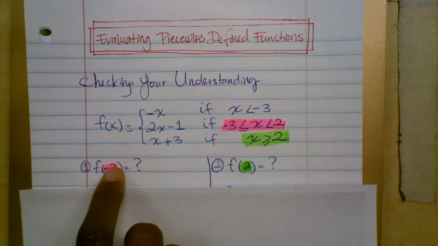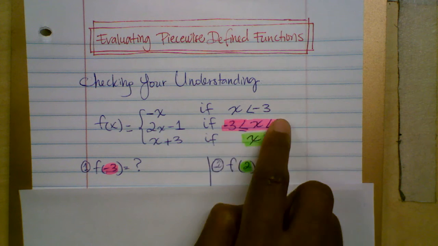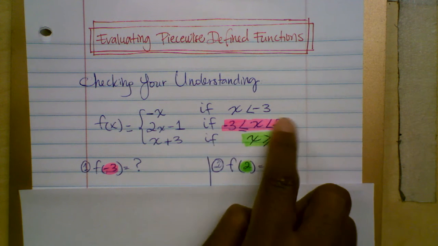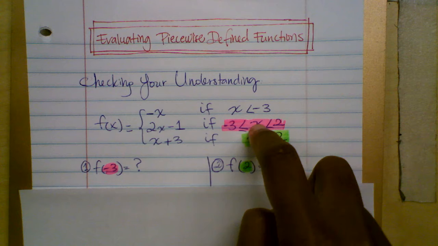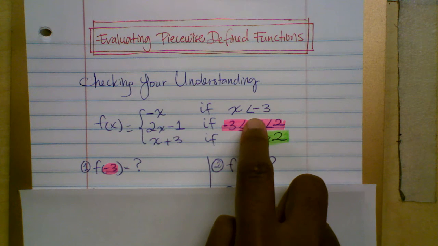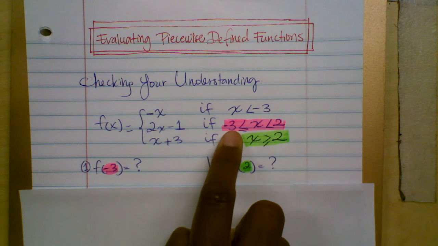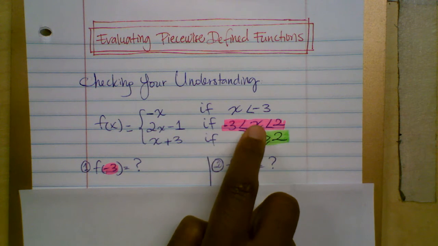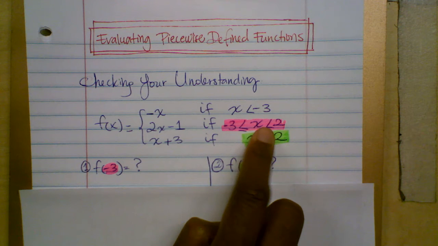We need to identify the correct domain restriction for -3. I know that -3 belongs to this inequality. Why? If I plug -3 into x, -3 is greater than or equal to -3, and -3 is less than 2.